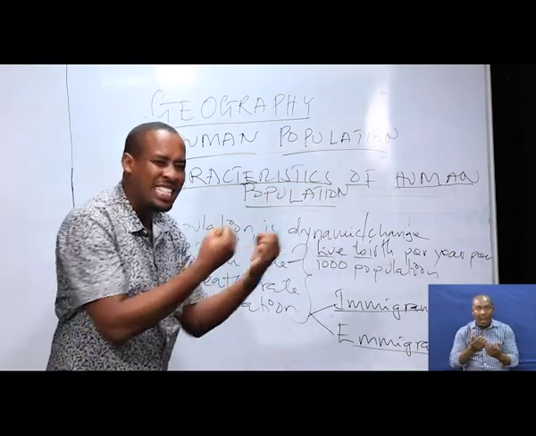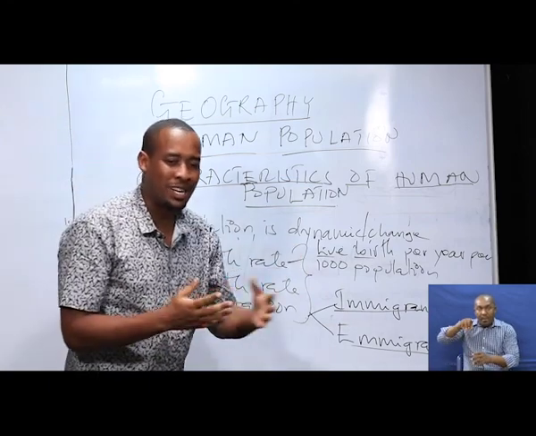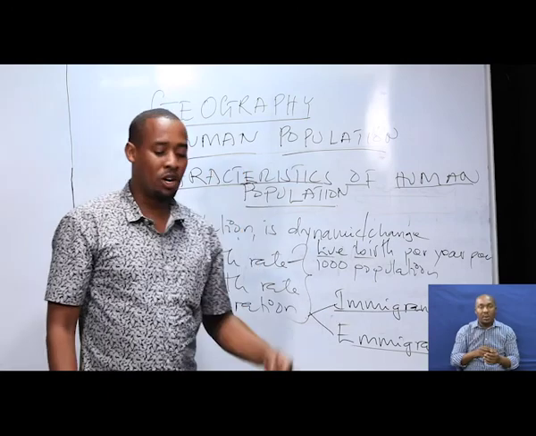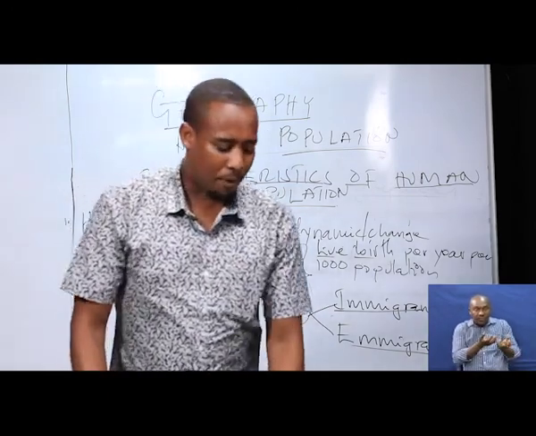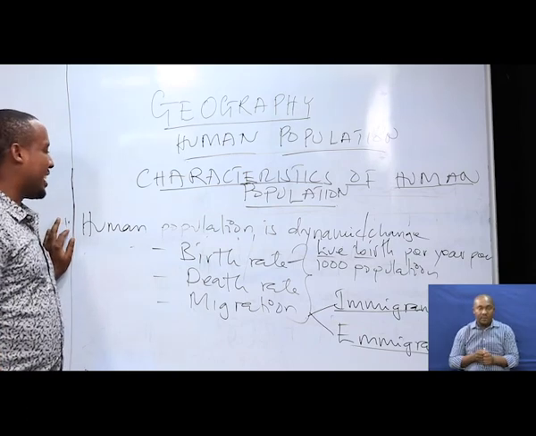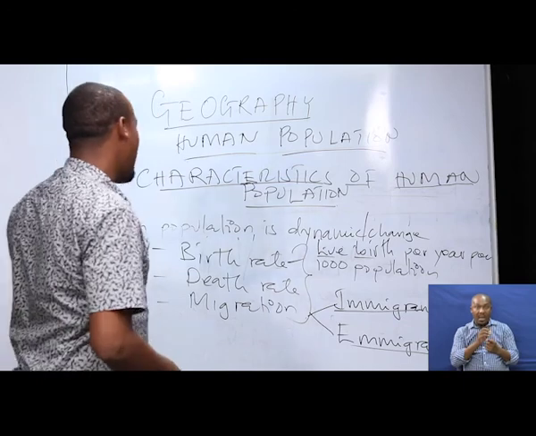Pull, those that attract people from one area to another area. Again, it can cause an increase or decrease in a population. So that is our first characteristic. Then the second one is the population.